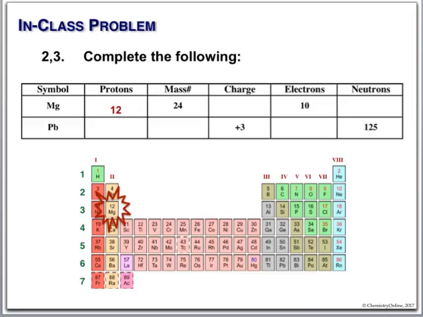All right, let's look here at the charge box. In order to do the charge, you need to look at the number of protons and the number of electrons. Here we have 12 pluses and only 10 minuses. So we have 2 extra pluses, don't we? So the charge is simply plus 2. 2 extra protons.